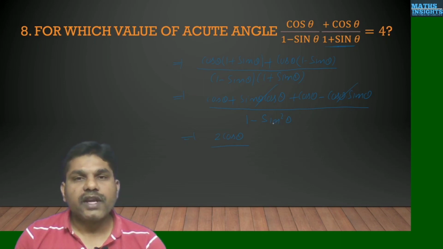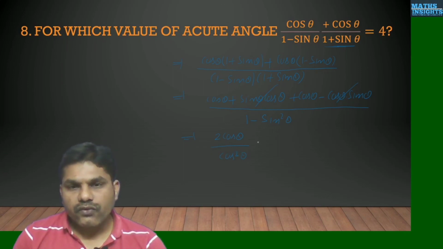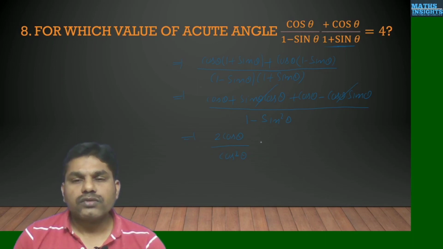If you remember the identity, sin square theta plus cos square theta equals 1, from that you get cos square theta equals 1 minus sin square theta.